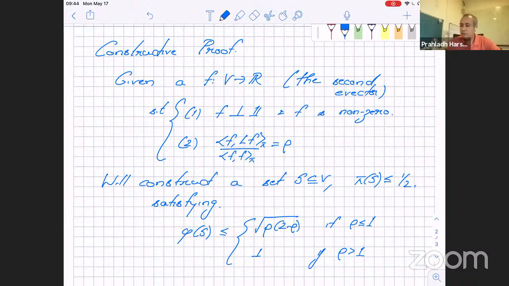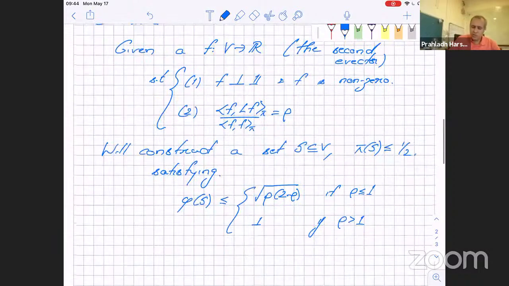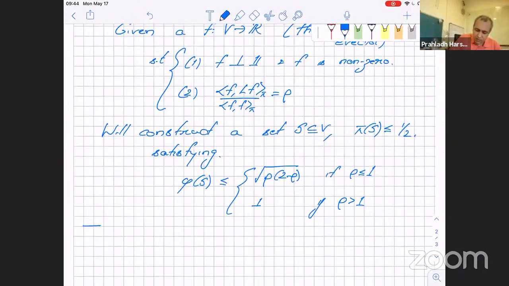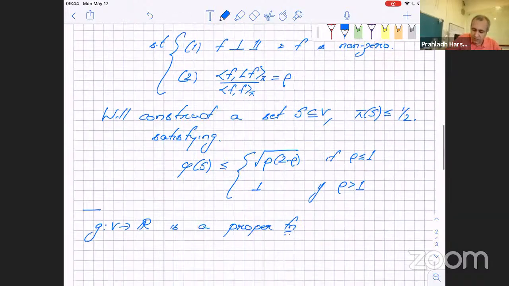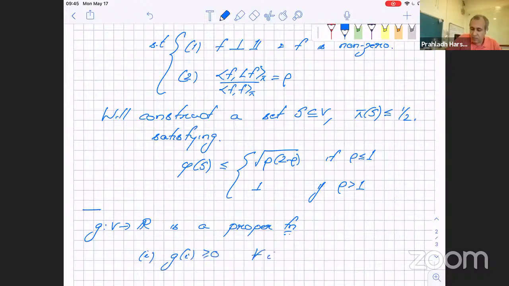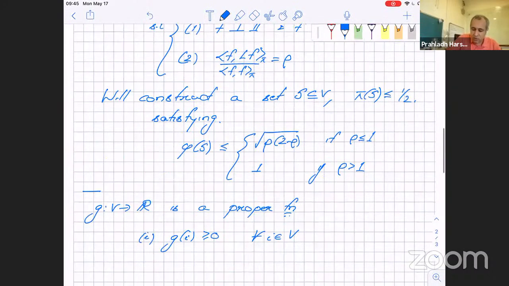And we had further said the way we will be proving this is along the following lines. We will use something called a proper function. We said that g from V to R is a proper function if the following is satisfied: one, g of i is greater than or equal to 0 for all i in V. g is a non-negative function.